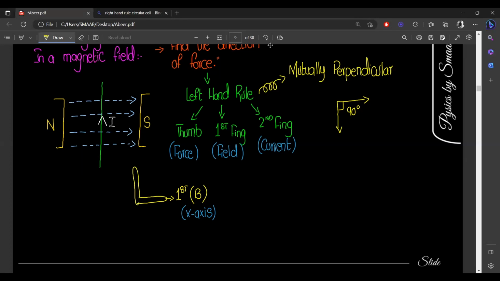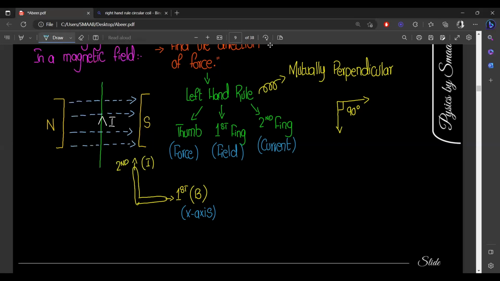Actually, the y-axis we are using for electric current because on screen we usually draw two axes, x and y. The z-axis cannot be drawn easily on the screen. So this second finger basically represents the direction of electric current which is on the y-axis.